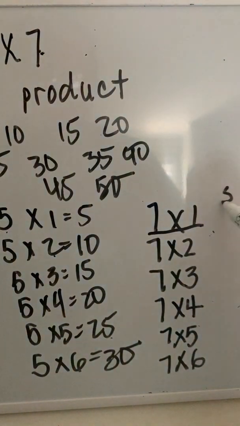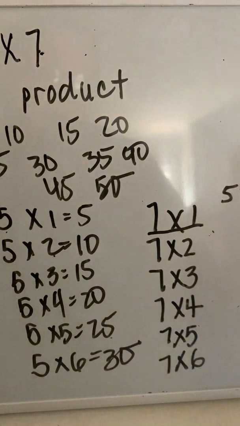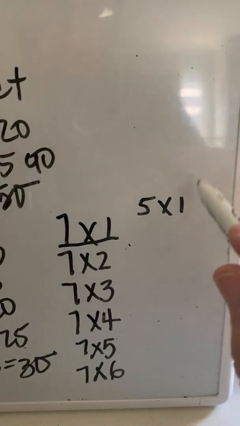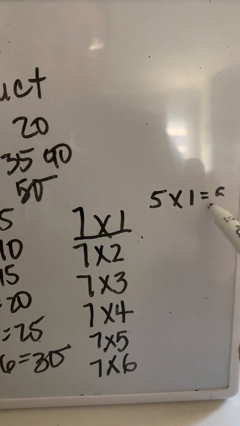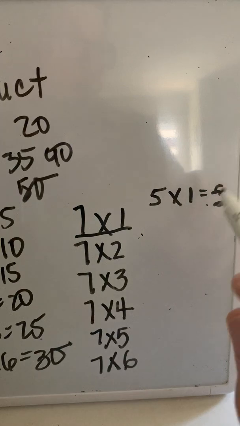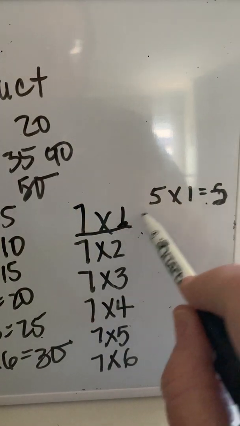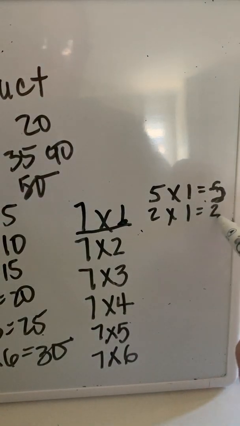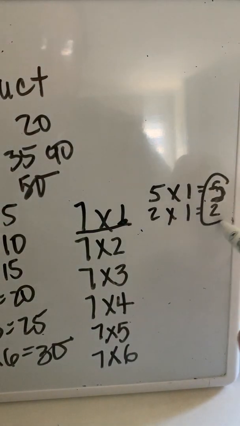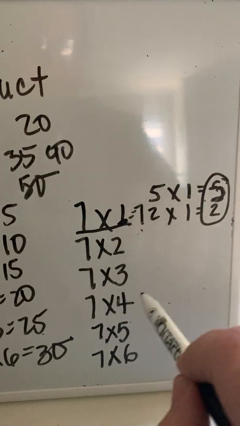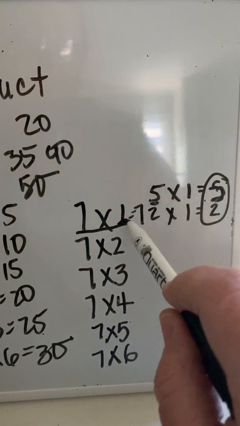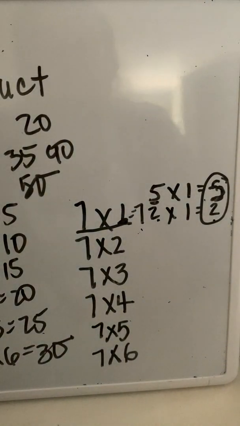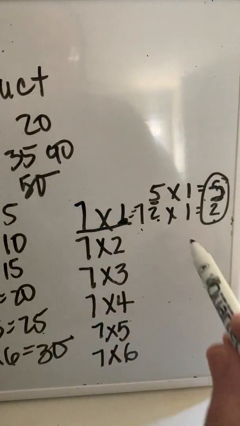In my brain, I'm going to go 5 times 1, because I know that is 5. And then I'm going to go 2 times this number and add these. What is this? 7. So I do a 5 times this and a 2 times this and add them up. I can hear you saying, what?